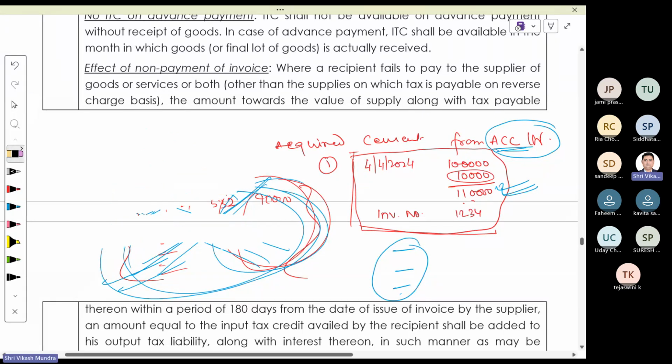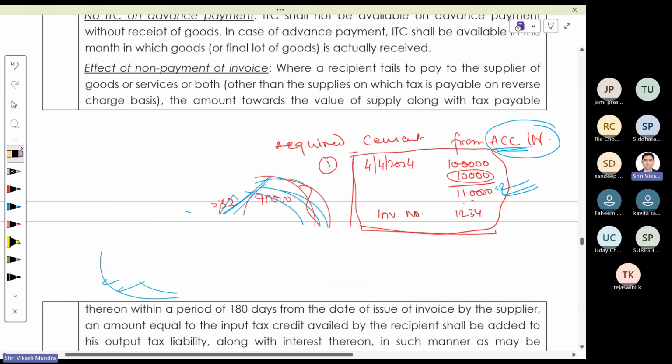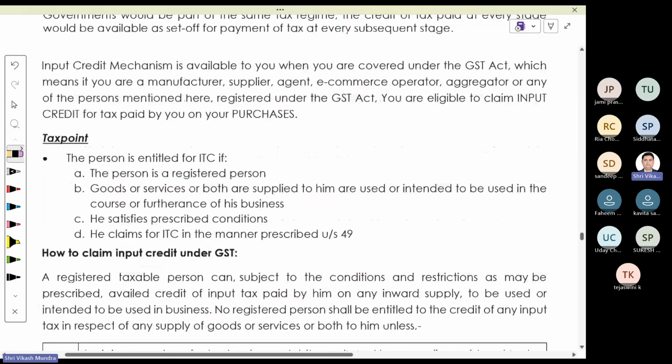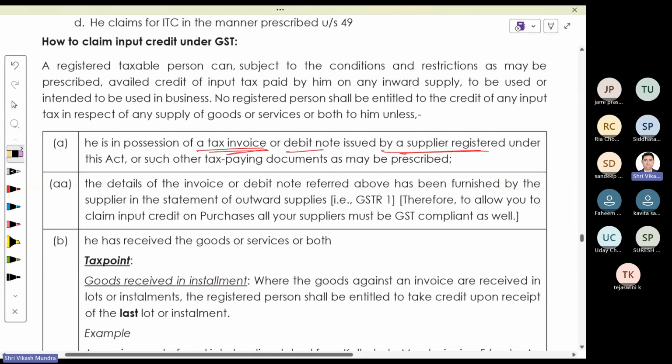Then the question arises how ACC Limited will confirm all these documents on the GST site. That should be made through GSTR1. That means the supplier of goods or services is required to furnish GSTR1.